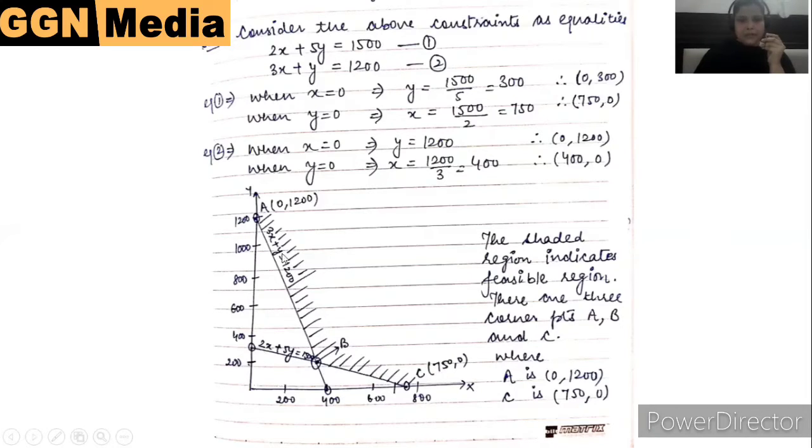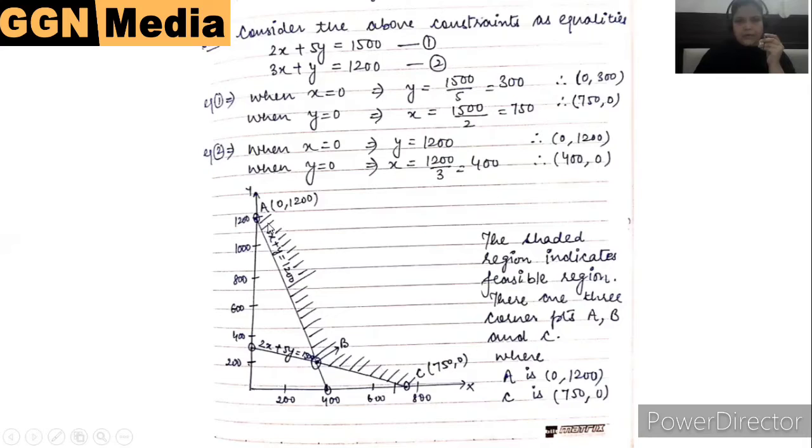And for second equation, the area which satisfies this constraint, that means greater than equals to sign, is this one area. So the area which satisfied both the constraints is started from here A, B and C. This is considered as feasible region.